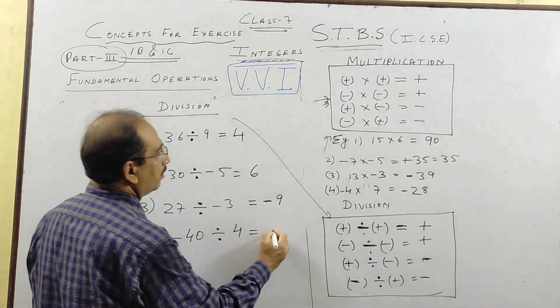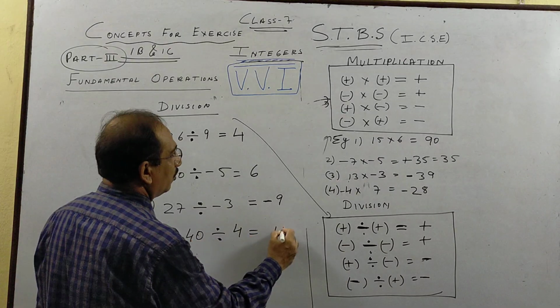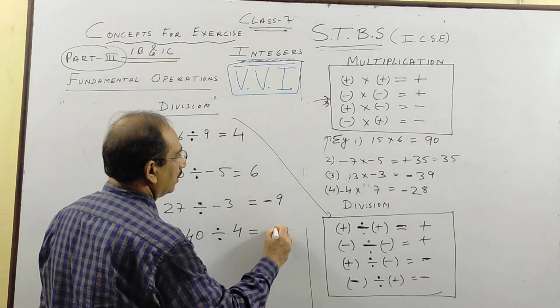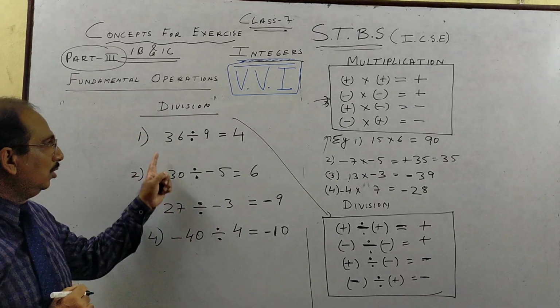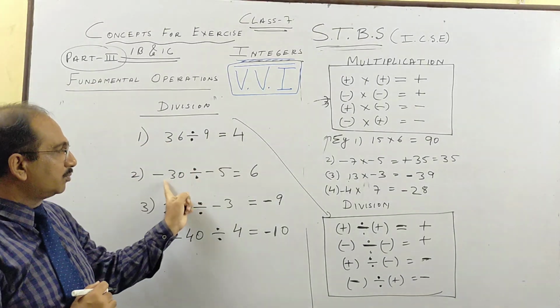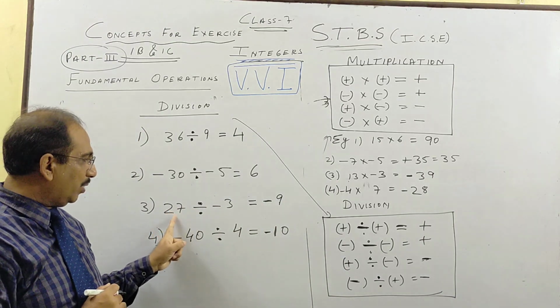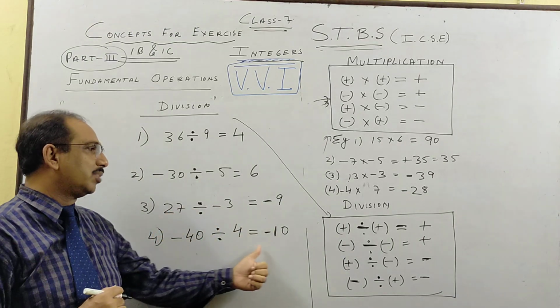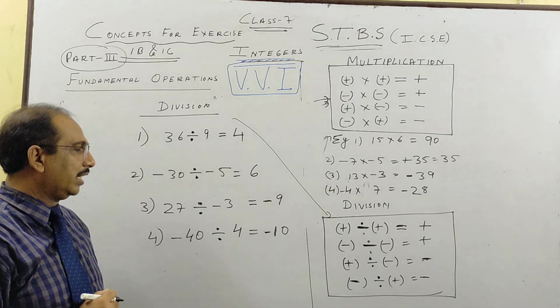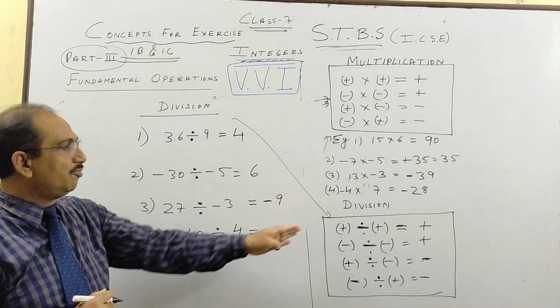Minus 40 divided by 4. 40 divided by 4 is 10. This is minus sign, children. So division of plus plus plus, minus minus is also plus. Division of plus with minus is minus, minus with plus is minus. Okay, so almost same format we have.